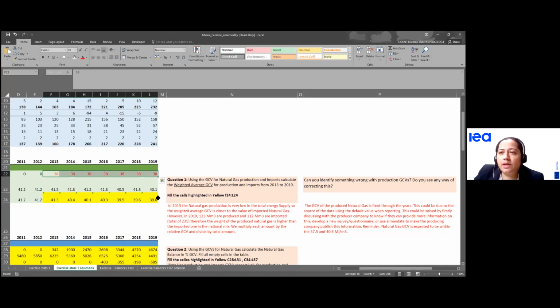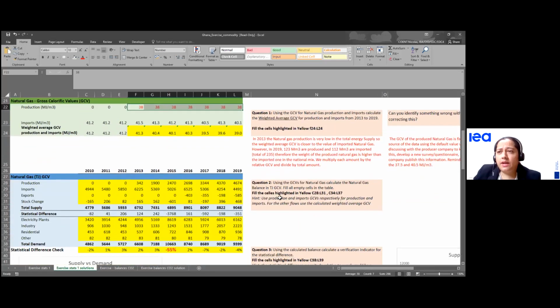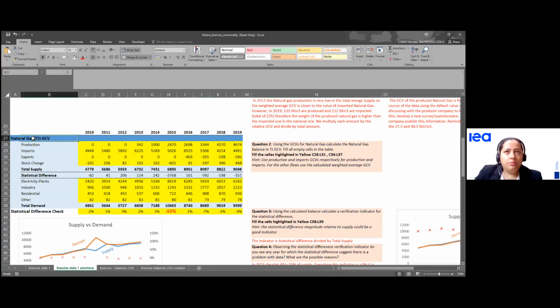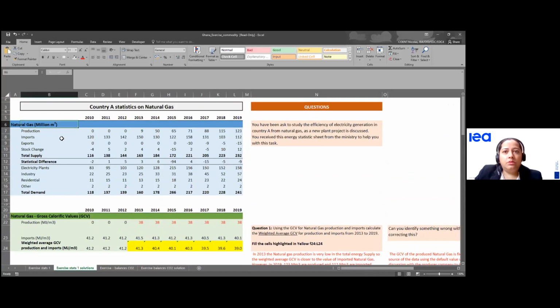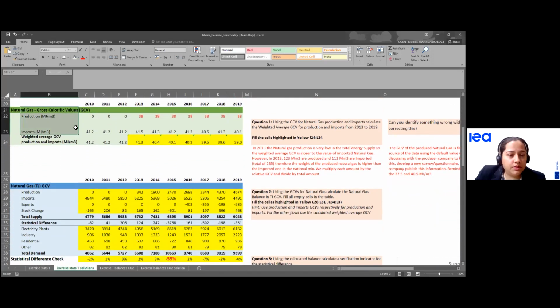And so second question, it's using the gross calorific value for natural gas, calculate the natural gas balance in terajoule. So here we will use the amount in cubic meters, and you would multiply it by the gross calorific value.